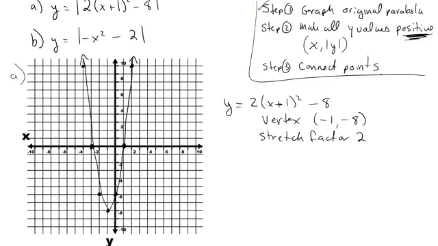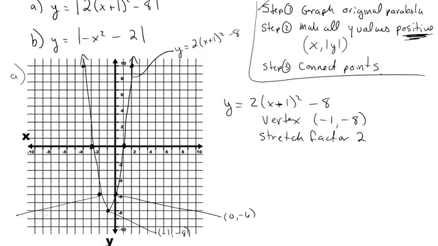So step 1, done. And I'm going to be very careful to label this graph here. I'm going to say this is y equals 2x plus 1 squared minus 8. Just so I know that it's not my final values. Now I'm going to label all my coordinate points here. This is negative 1 comma negative 8. This is 0 comma negative 6.